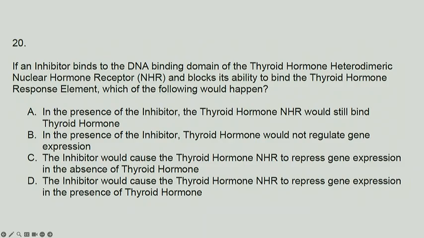Because the NHR cannot bind the DNA, then it cannot modulate the expression. So B is true. The thyroid hormone NHR is not going to be repressing gene expression with or without thyroid hormone in C and D. It's pretty similar.